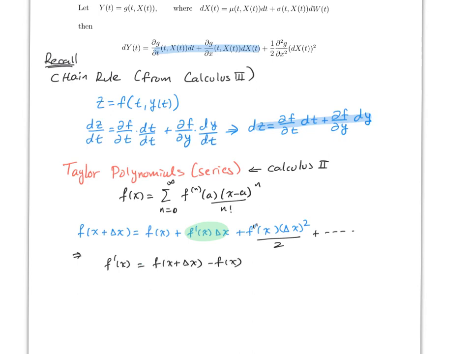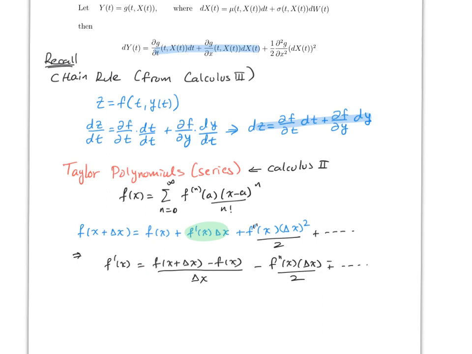We're just moving this to the other side, and then you divide by delta x, and that will be minus f double prime evaluated at x times delta x over 2, and so forth.